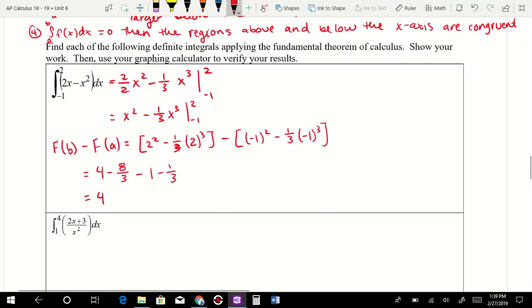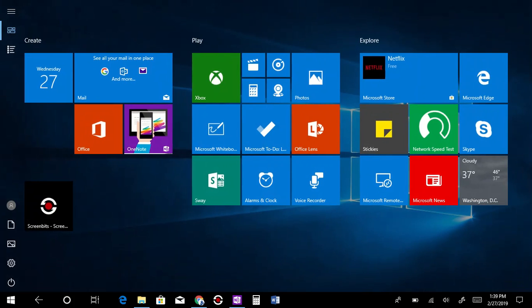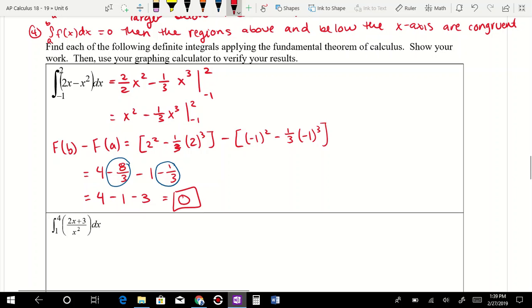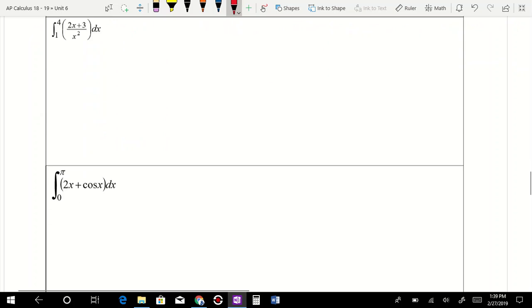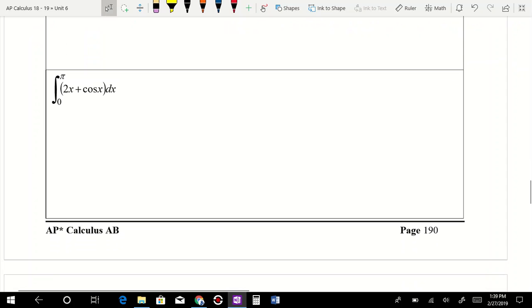Which is equal to 4 minus 1 minus 3, because -8/3 minus 1/3 is equal to -9/3, which reduces to -3. And this equals 0, which tells us that the region above the x-axis and the region below the x-axis are congruent on this interval. Okay, so try the next two problems. I'll show you how to verify using the calculator in class tomorrow.